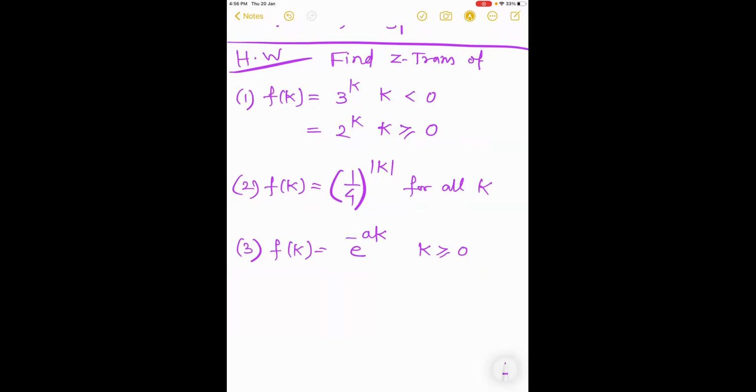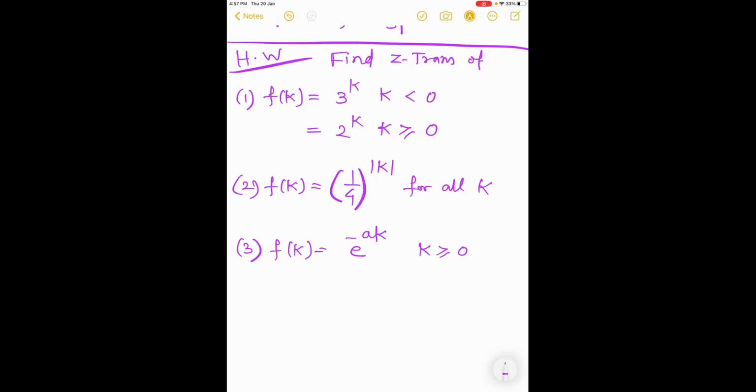This third one is the only one which we have not covered in today's part, but just by applying the definition of the Z transform and the standard series forms I have already given, the formulae I told you to write down in your notebook, from that also you can get the answer for this particular problem.